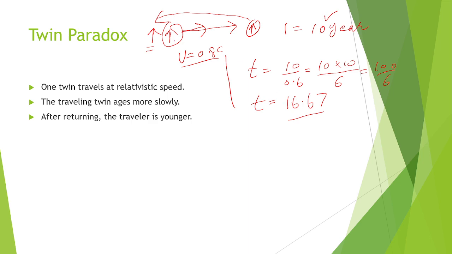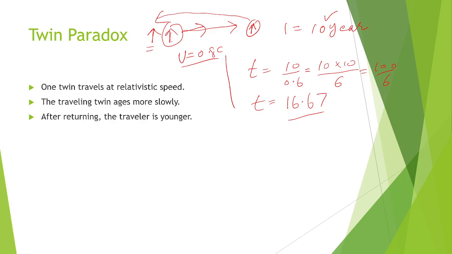So that is the time dilation for the man in the ship. This man has aged 10 years, while on the Earth 16 years passed. So that is the difference, and that is how time dilation occurs. So when a man moves with velocity v, the age of that person passes slowly.